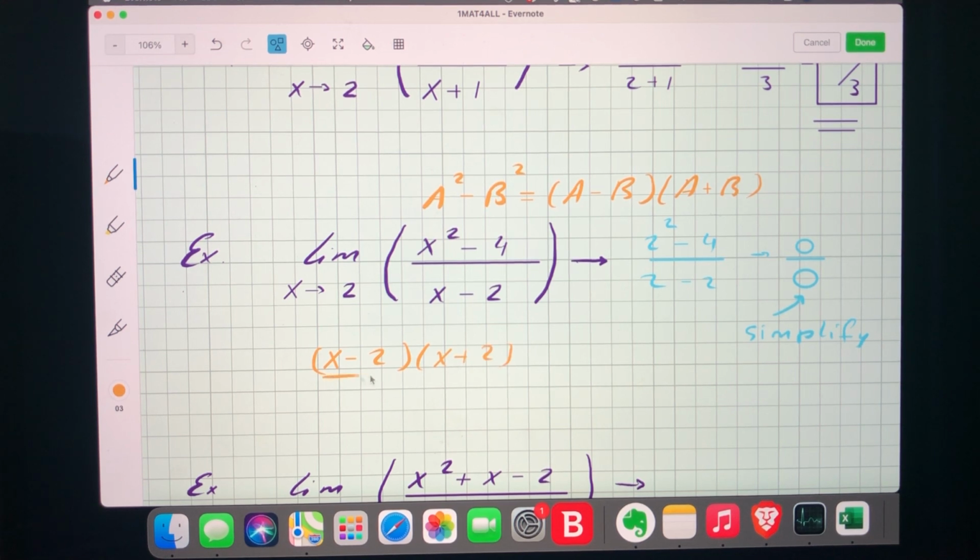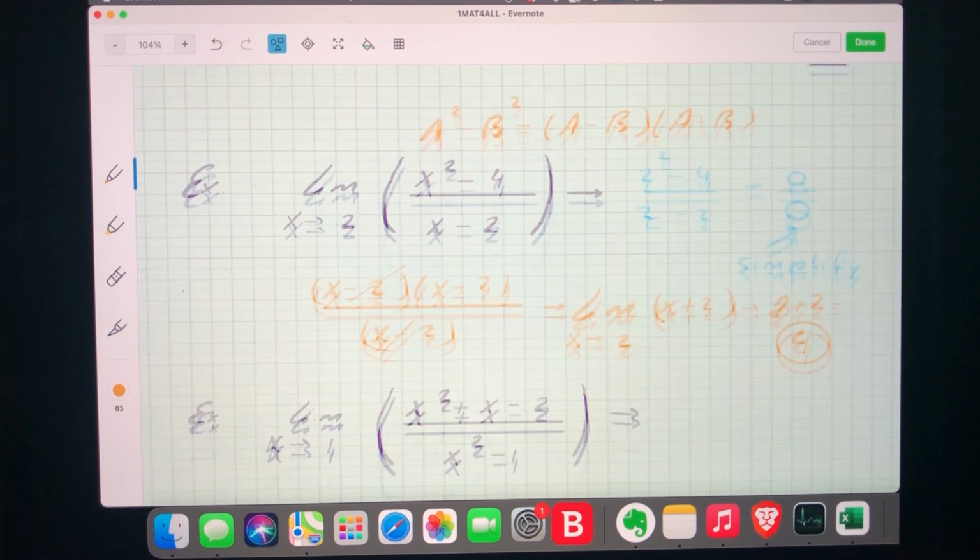Now, on the bottom, we have x minus 2, and we know that the same term on the top and the bottom cancels off. So this is really like asking us to find the limit as x approaches 2 of just x plus 2. Well, now when we plug in the 2, we get 2 plus 2, which of course is 4. And so the limit is 4.